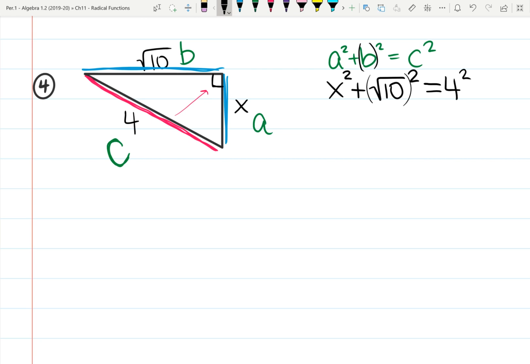Are there numbers that we can simplify? I'm going to start with the easiest one, 4. 4 squared is 16, so I know that I can replace that with 16. And let's think about what the square root of 10 squared is. Doesn't that mean the square root of 10 times the square root of 10?